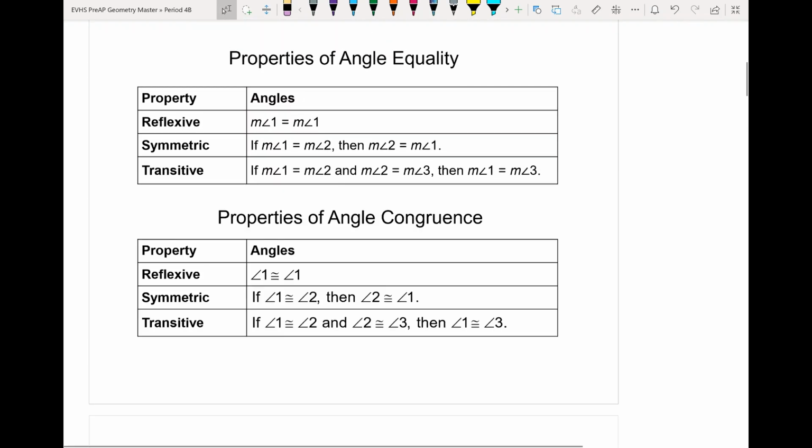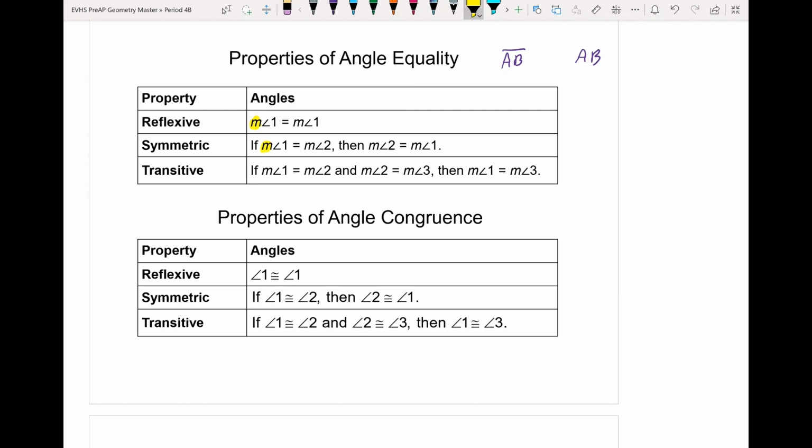First thing I want to point out is that our reflexive, symmetric, and transitive properties apply to angles as well as to segments. Last time when we had segments, remember that there was a difference between segment AB and the distance between A to B. We do the exact same concept here in our angles, but this time we have our M's out in front.